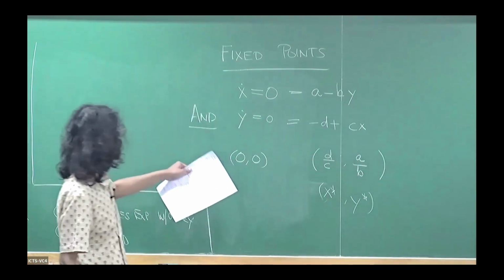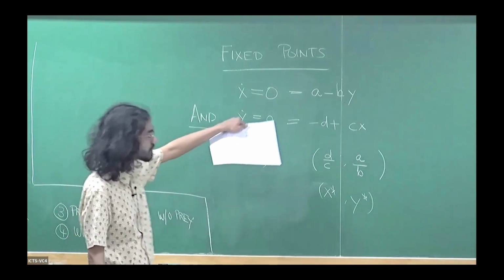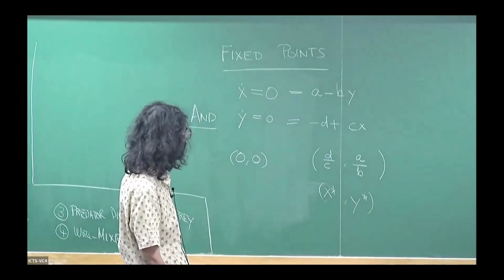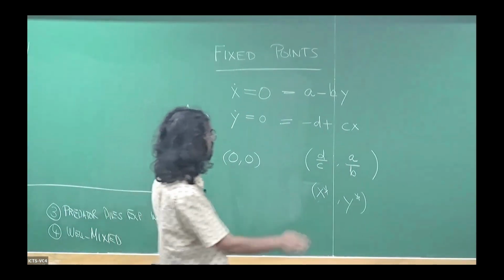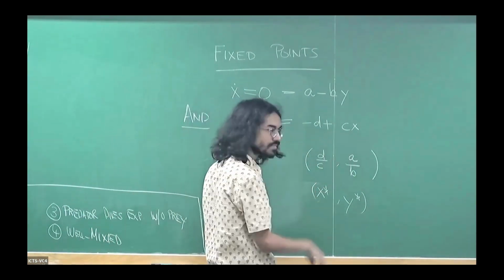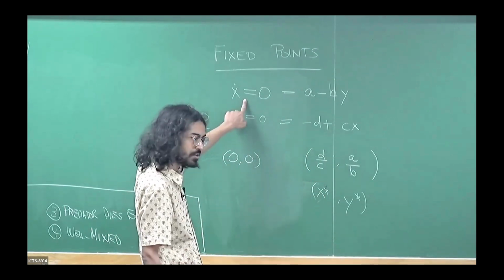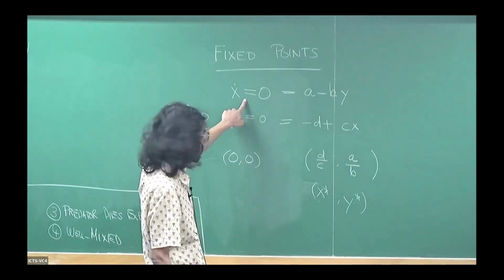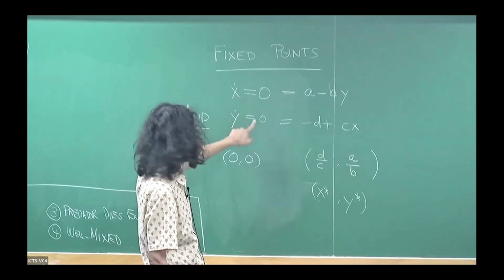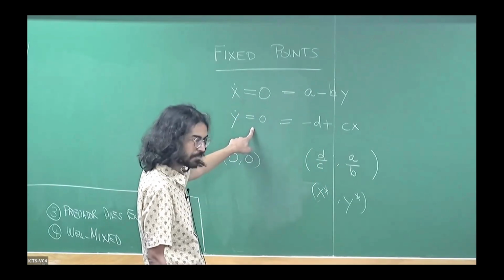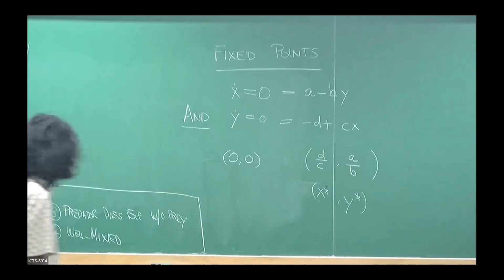Yeah, so that's what we were talking about, right? So sorry, you're saying x equal to 0 and y not equal to 0. Okay, so you're saying x equal to 0? Yeah. So that means no prey. y not equal to 0 means some predator. Is that allowed with our assumptions?